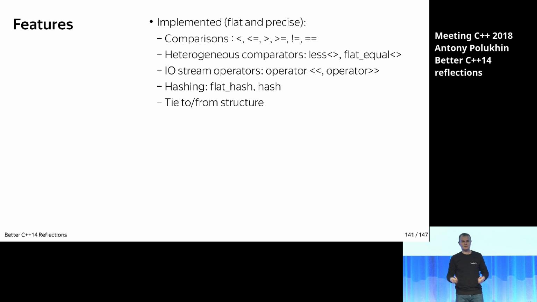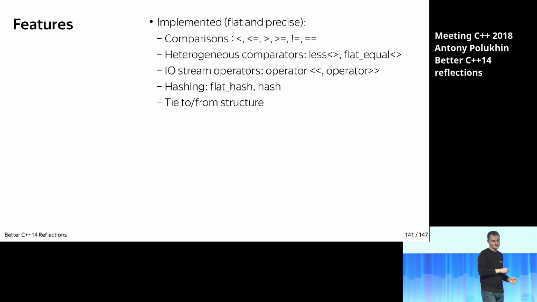And finally, we'll get all the functions that are useful in functional programming. We get the same functions for structures as you have for tuples. You can get an arbitrary field from a user-provided structure. If you try to give an index greater than the fields count in the structure, you'll get the static assert.